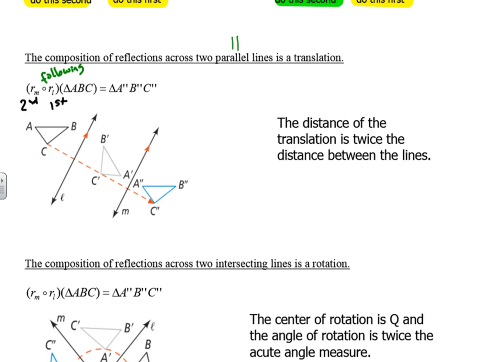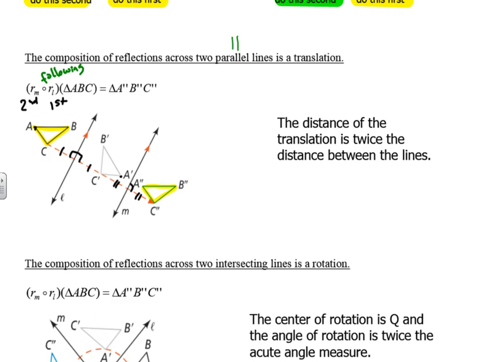So let's look at what happens here. A, when we reflect it over this line, goes to A prime. Remember, this line of reflection is the perpendicular bisector of the segment connecting C and C prime. Okay, and then we've got another line of reflection, that's another perpendicular bisector. And look at what this case is highlighting: if we look at ABC, when we reflect over two parallel lines, isn't that just the same as one slide or one translation?